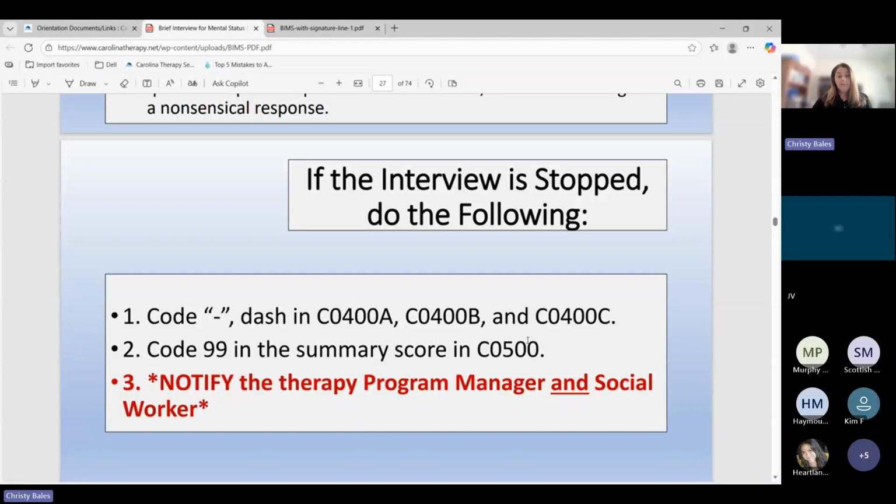And then, of course, you have to notify the program manager and the social worker. They can't all be zeros and then a 99, because that seems like they just either tried to respond, just didn't get it right. So if we are really struggling with them and it's going to be a 99, we have to put those dashes in.